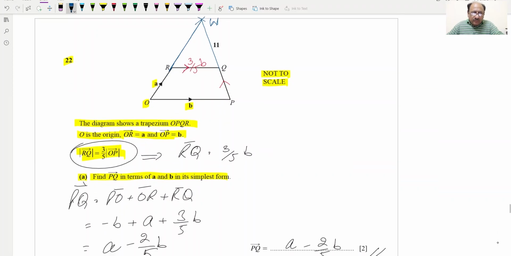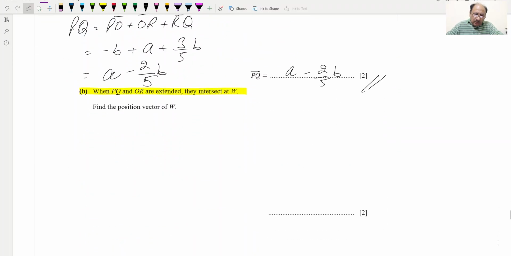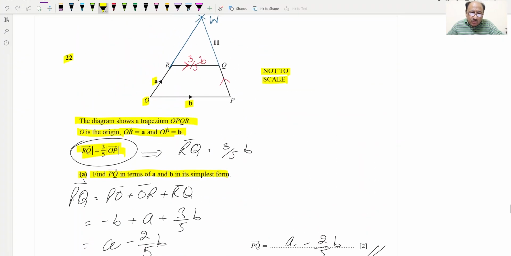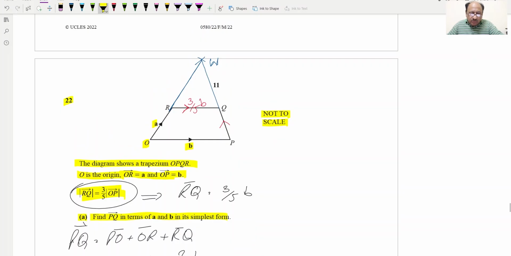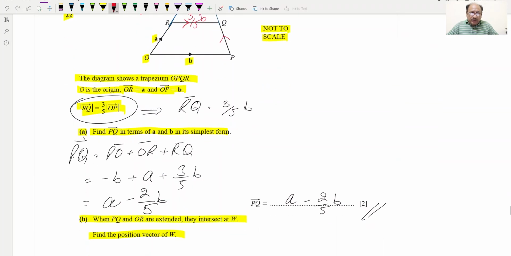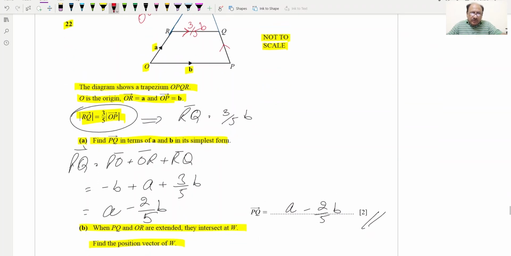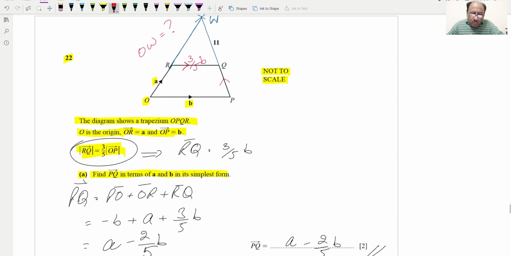Now what we have to do, find the position vector of OW. So OW is basically required.